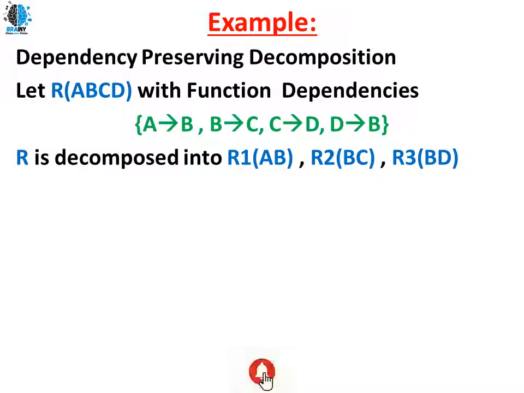As we know, whenever we decompose a table from the original table to two or more tables, the functional dependencies will also be there in the decomposed tables, divided among the different tables. How it will be there, let's see.